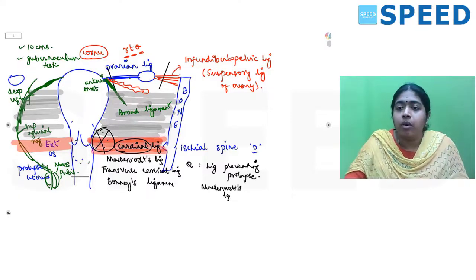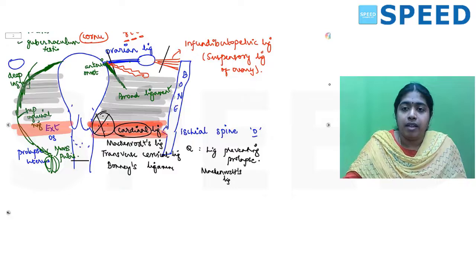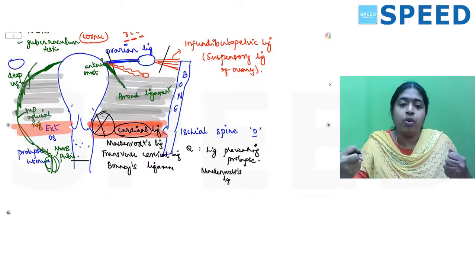Now is that okay? If we take the cross section of the cervix, please remember this is basic anatomy. The uterus is not supported by strong ligaments because it has to expand during pregnancy. It comes up to the level of the xiphisternum, right? So it should not be surrounded by strong ligaments. No ligament should hold it tight because it should be ready for expansion.